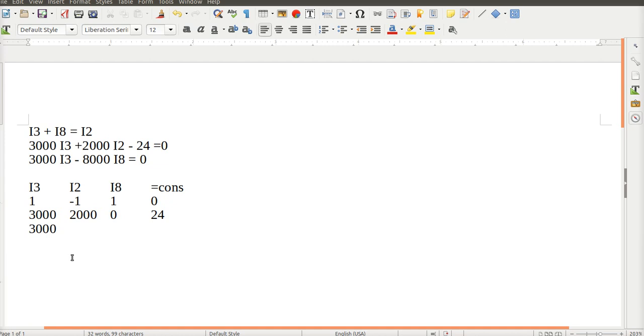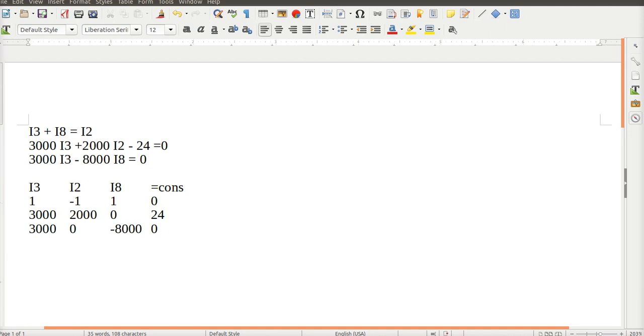My I2 term is 0 because there is no I2. My I8 term is minus 8000. And my constant is 0. So basically I just rearranged these equations into standard forms and pulled out the variables up to the top. So all I'm dealing with is the coefficients.